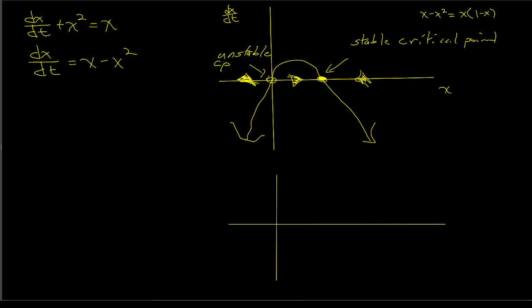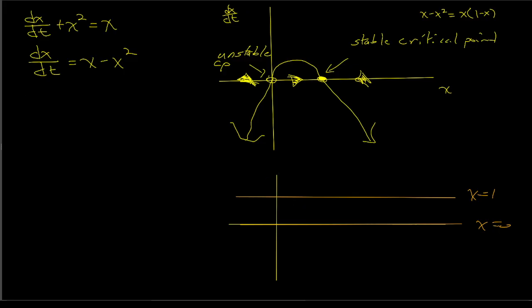and we plot our critical points on it, and I'll do that in orange here. So this is x equals 1, this is x equals 0.